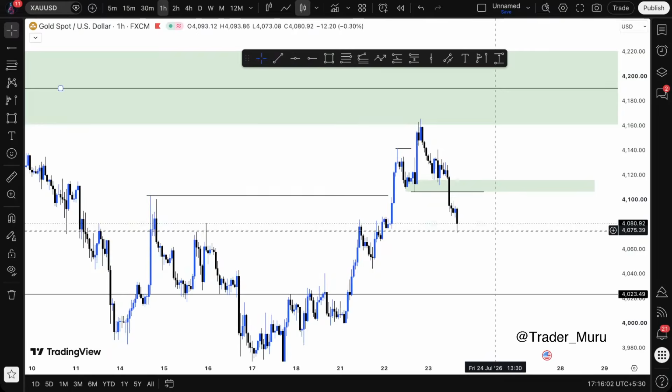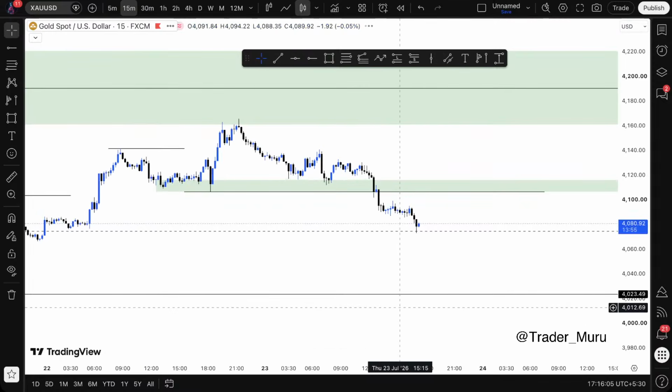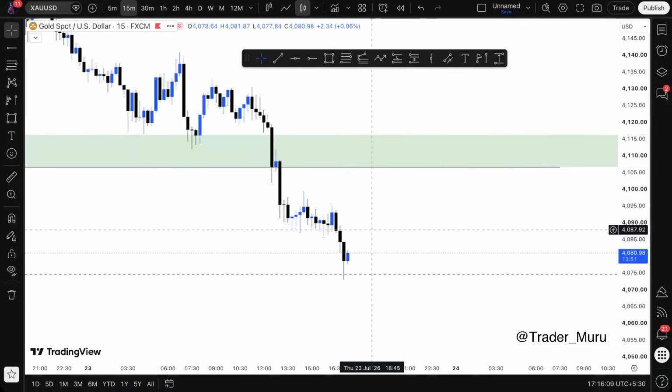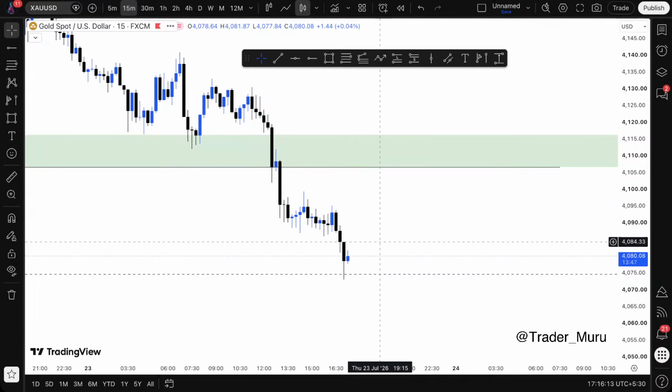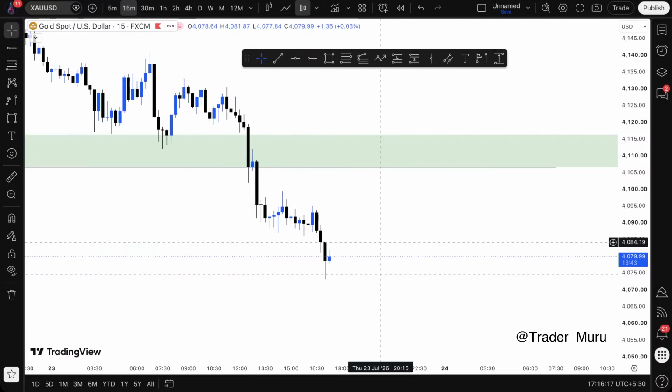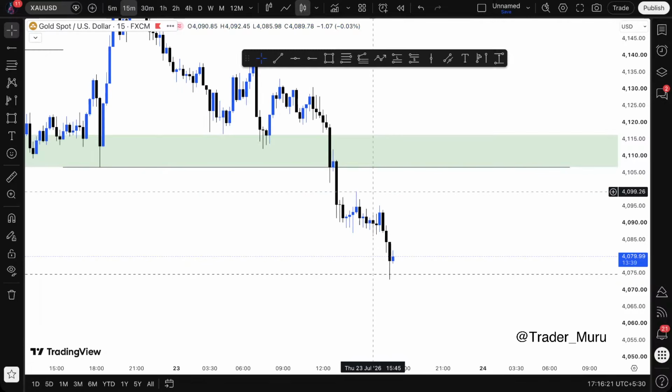Whoever wants to take a scalp, watch this high at 4084. If it breaks, you can take a scalp long, and your target will be this 4100 to 4105.